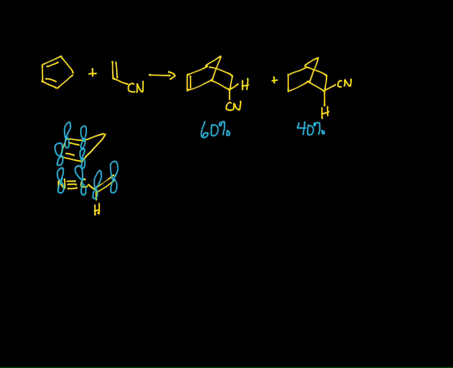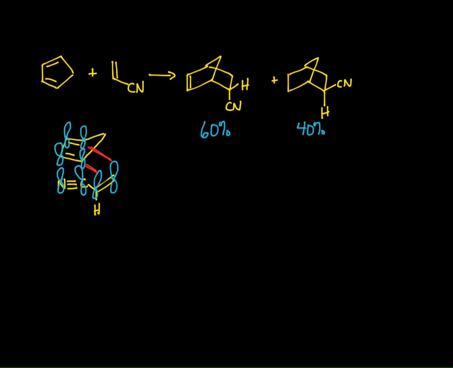Now, when that molecule comes in to form that cyclic ring, right, I know that I'm forming a bond between the orbital on C4 and the dienophile, and the orbital of C1 and the dienophile.